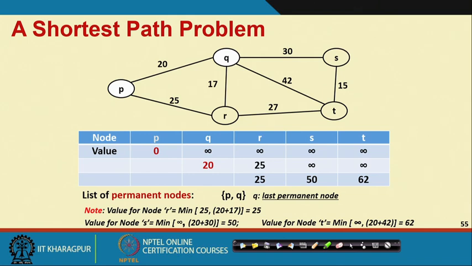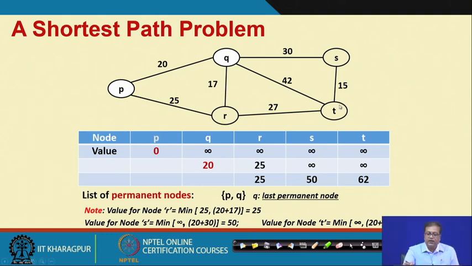In the third stage, the options before us really are: from Q there is a direct path to R, a direct path to T, and a direct path to S. If you compute those values, R becomes the minimum of 25 and 20 plus 17, that is 37. The value is nothing but 25 itself. So there is no change, it remains 25.